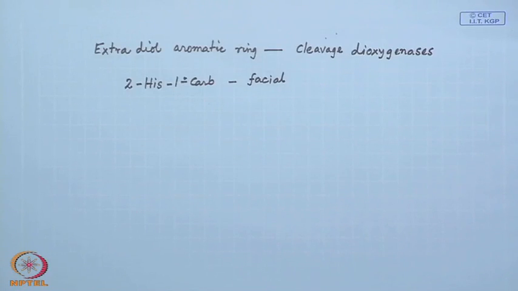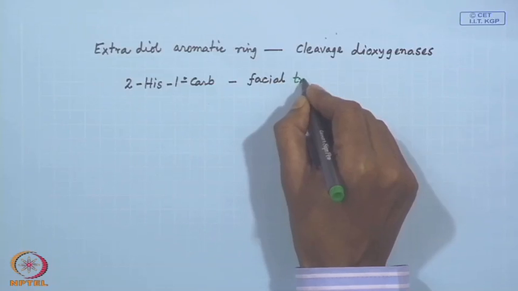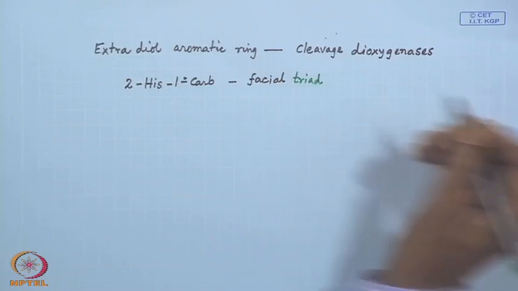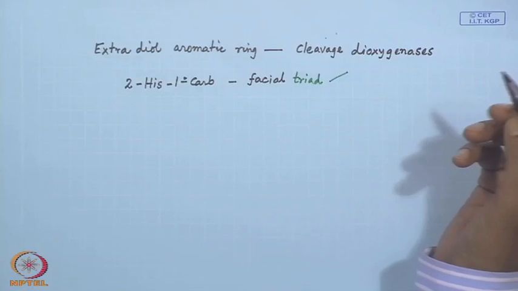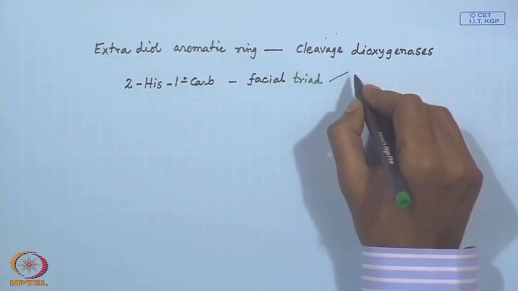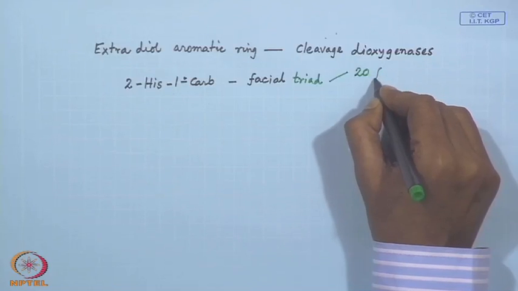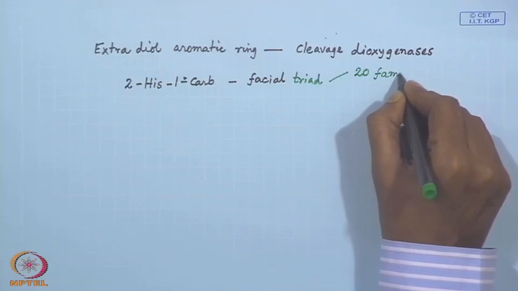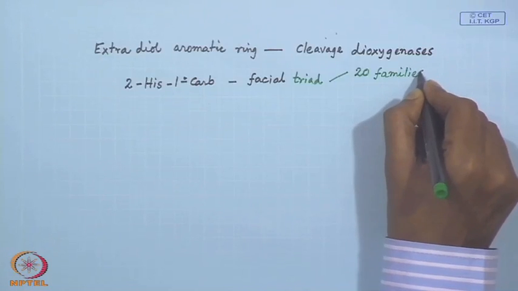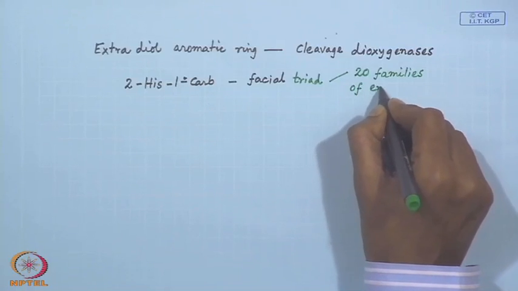So, we can consider it as a facial triad. That means you have 3 donor atoms, and there are a large number of such enzymes available, and at least 20 families of enzymes have been identified so far.